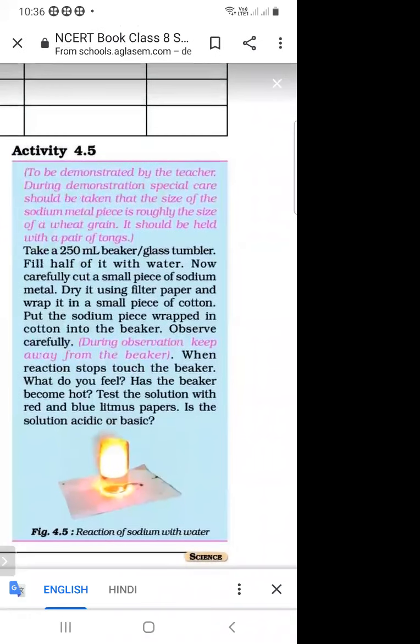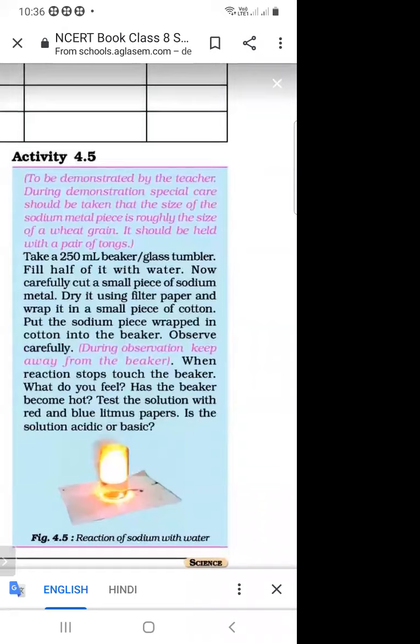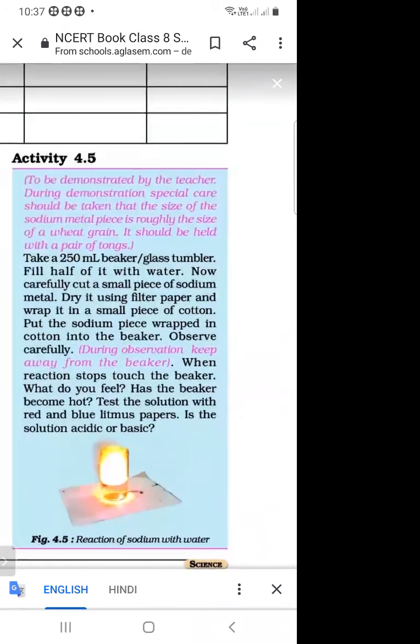In Figure 4.5, firstly we take a sodium metal piece the size of a wheat grain, and it should be held with a pair of tongs.